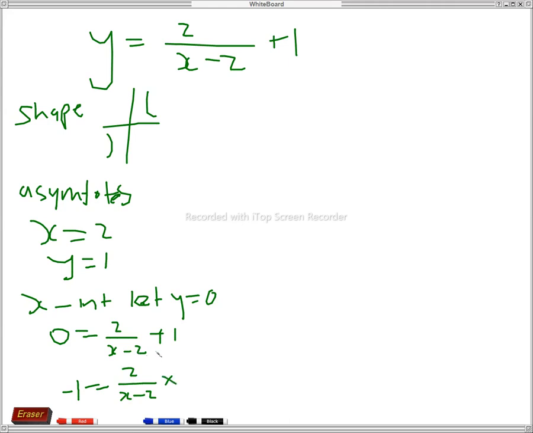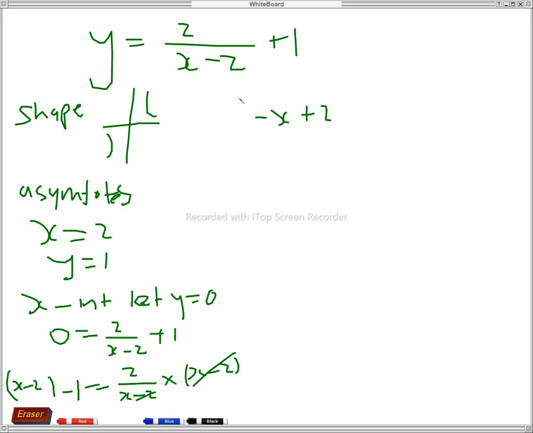I multiply by x minus 2 on both sides, so this cancels on the right, and on the left I have negative x plus 2, since the negative affects both the positive and the negative.